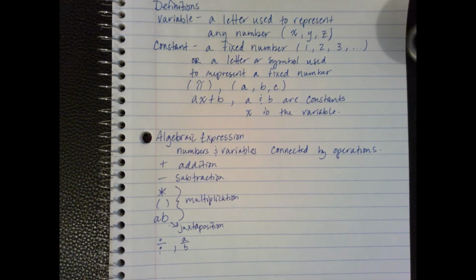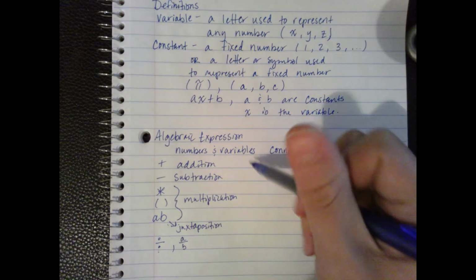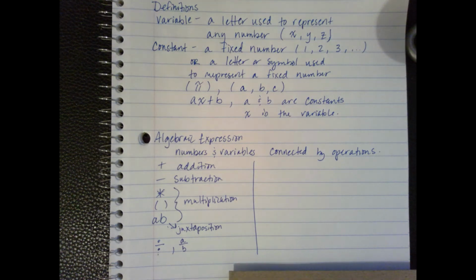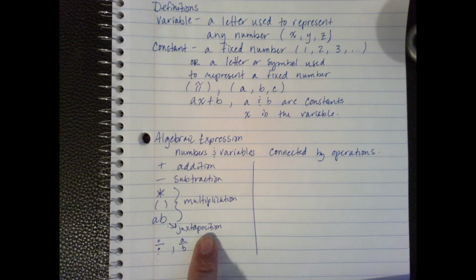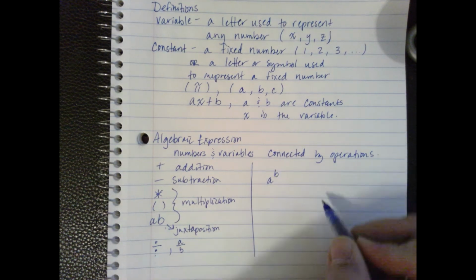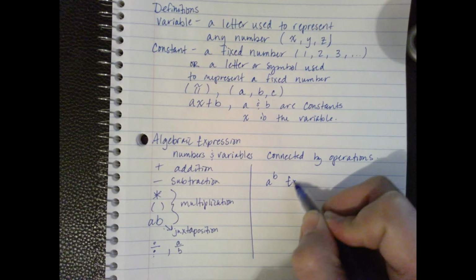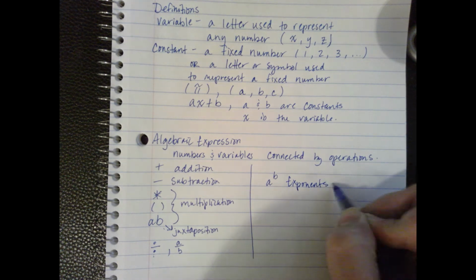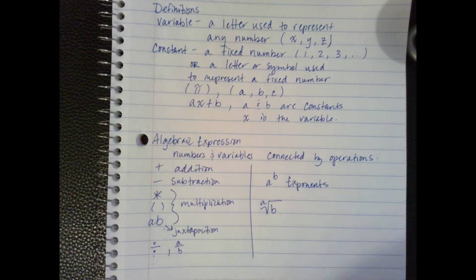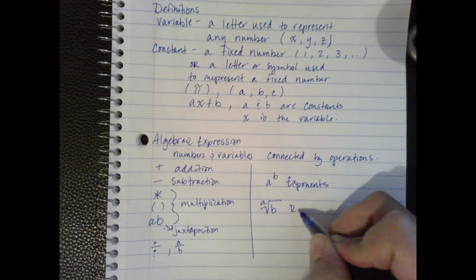Some other things I would like to add here may not be explicitly defined as operations with symbology, but there are still forms of this. So let's identify some of these now. Exponents, with a and b, and then the eighth root of b. Radicals.